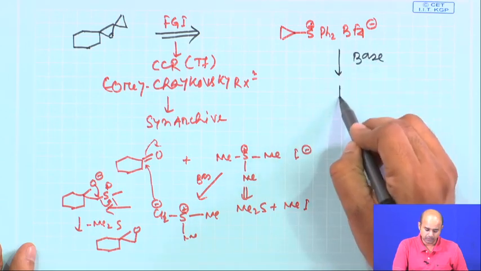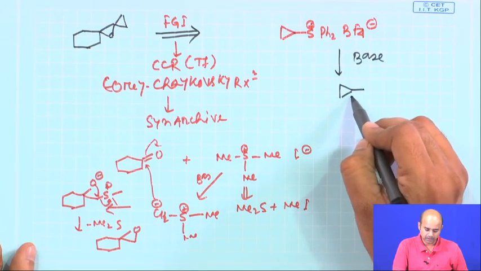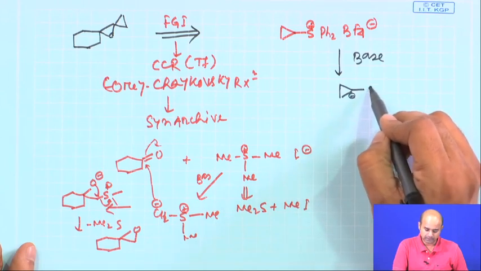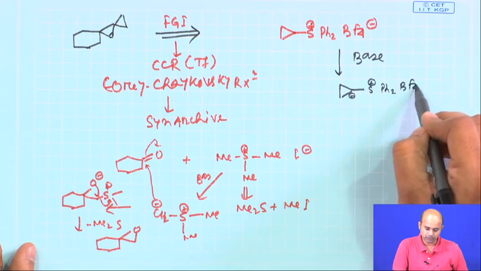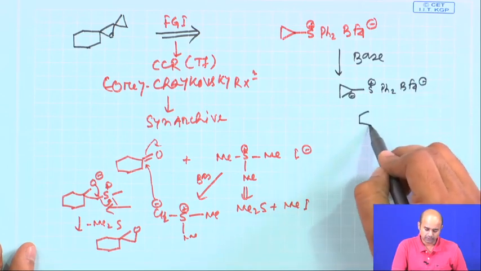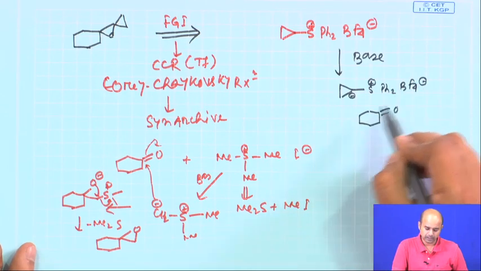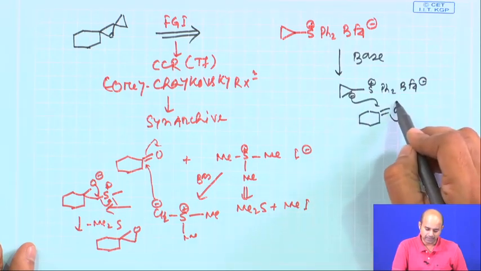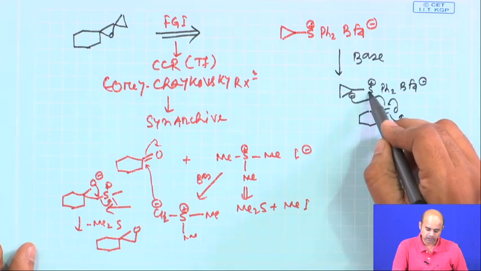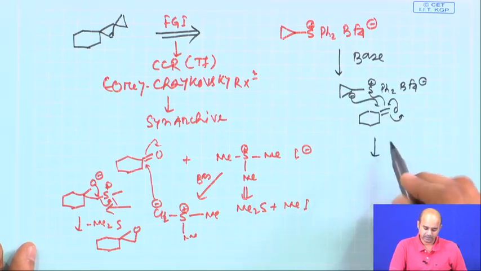On reacting with base, you put a minus here, S plus Ph2 BF4 minus, and cyclohexanone is here.